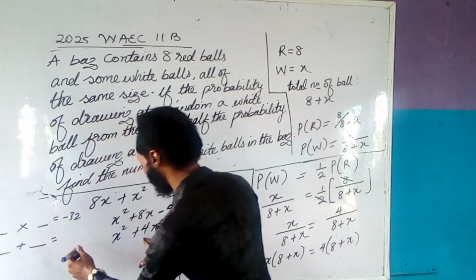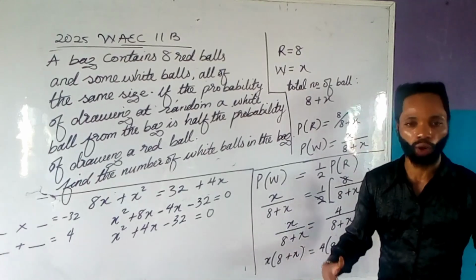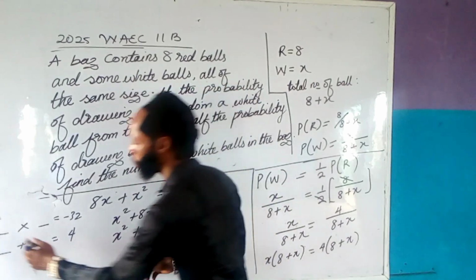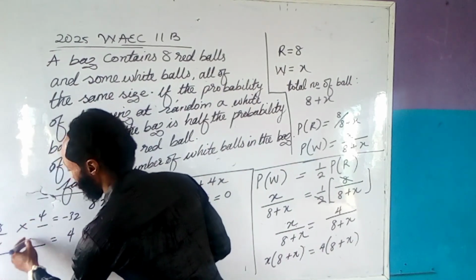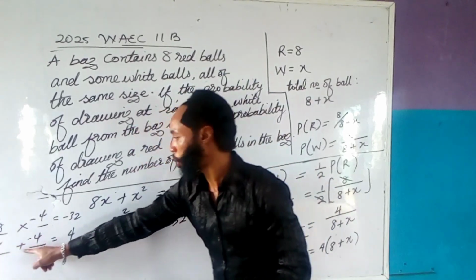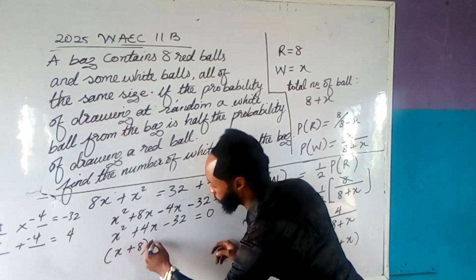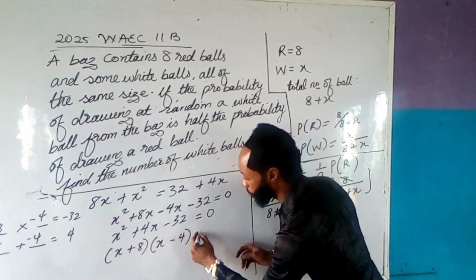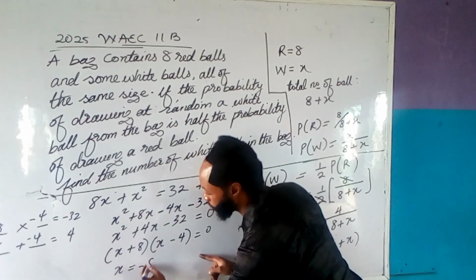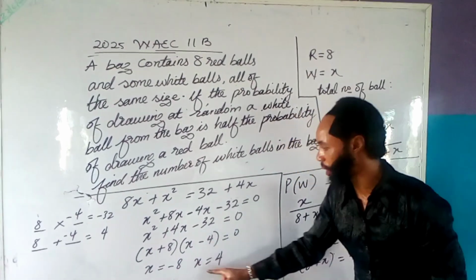Those 2 numbers are 8 and 4, but we put our sign: 8 and negative 4. 8 times negative 4 is negative 32, and 8 plus negative 4 is 4. So it's going to be X plus 8 and X minus 4 equals 0. Setting each of them equal to 0, X equals negative 8 and X equals 4.